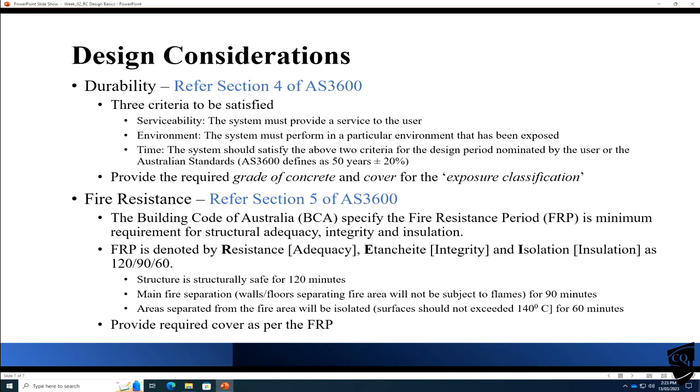What that means is our concrete structure should serve the client. So that means it should be able to carry the required loads, the service loads. Not ultimate, I'm talking about the service loads, the normal loads. And it should also be able to stay in the particular environment that it is exposed to.